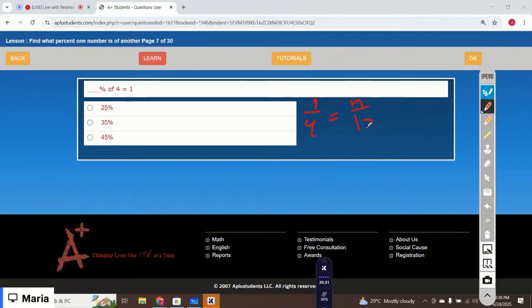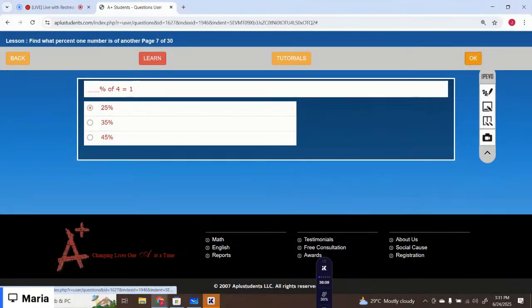That is 1 over 4 equals n over 100. So n equals 100 over 4, n equals 25%.